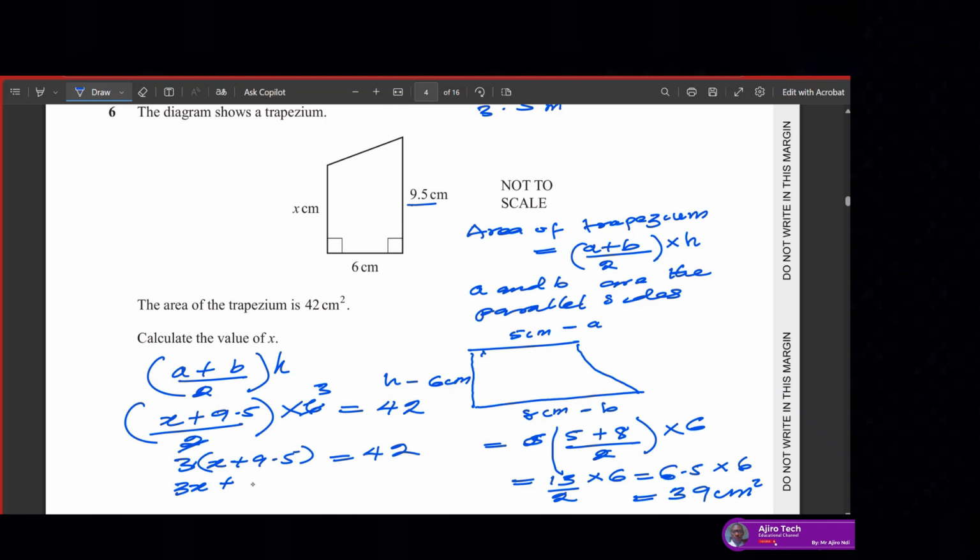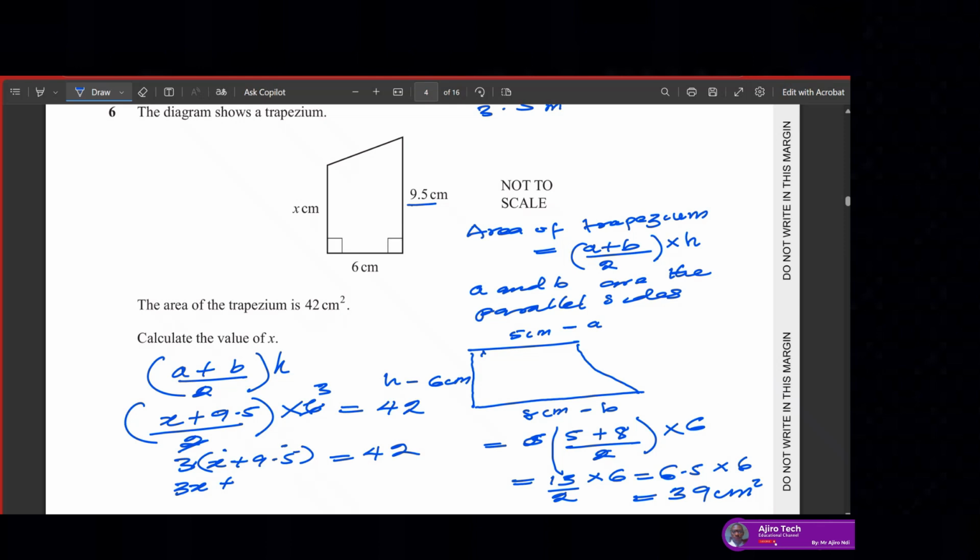Plus 3 times 9.5. When you're expanding a bracket like this, this 3 multiplies this one, which is 3x, and also multiplies this one.